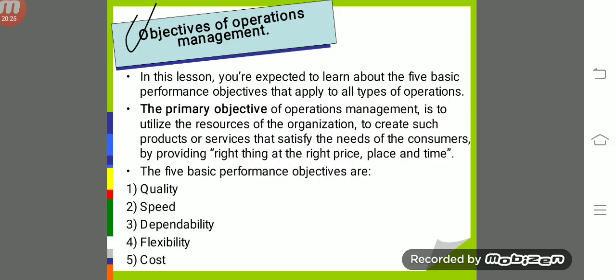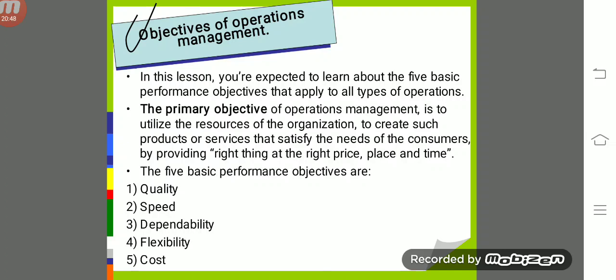They could not survive. Why? Because the production cost is high compared to the Chinese companies. So Micromax in the mobile industry could not survive well. Now they are trying to enter this field again, but this is the example of cost.